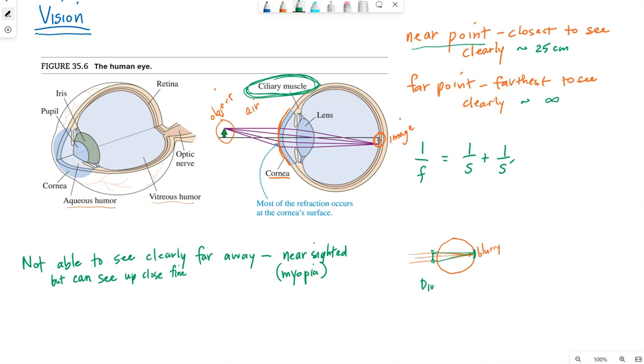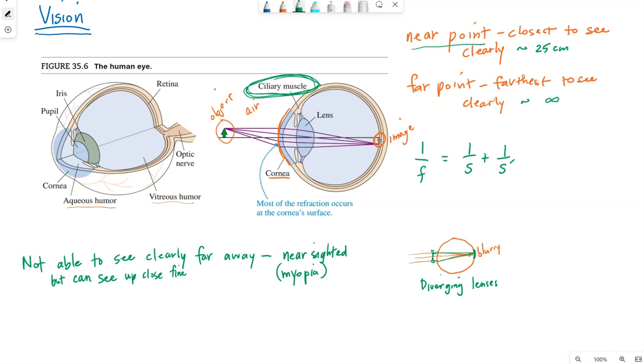So diverging lenses are needed to see far away if I need help with my vision, which I do. Those diverging lenses cause the light to spread out a little bit, and then my eye can finish the focusing.